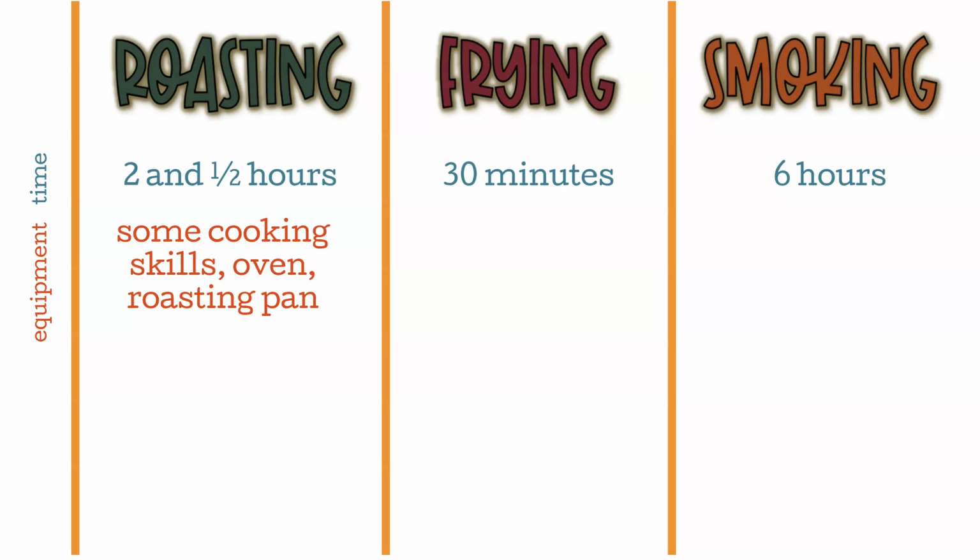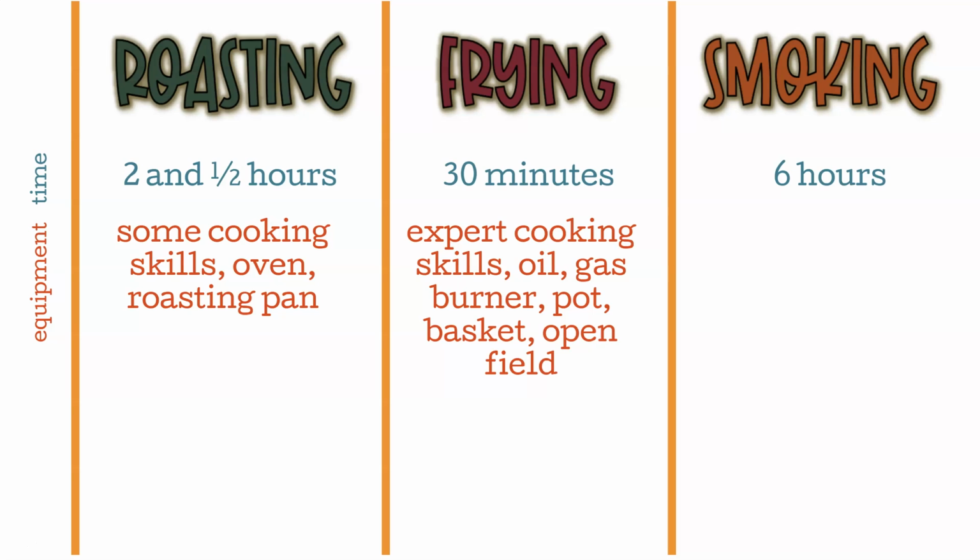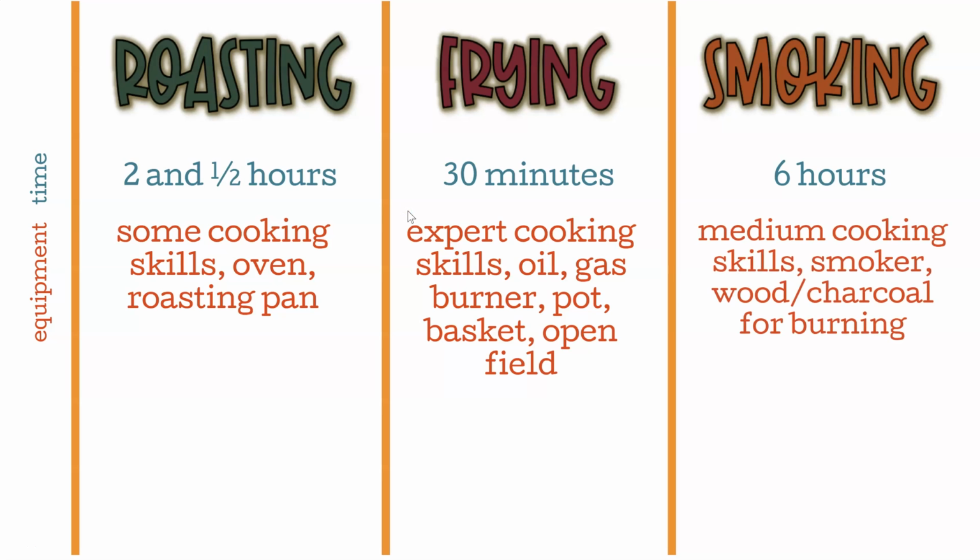You need an oven and a roasting pan. To fry a turkey, you need some expert cooking skills because of how dangerous it is. You need oil, a gas burner, pot, basket, open field. It's a lot of equipment needed to fry a turkey. Much different than roasting a turkey. And to smoke a turkey, you need some medium cooking skills, a smoker, and some wood and charcoal for burning.